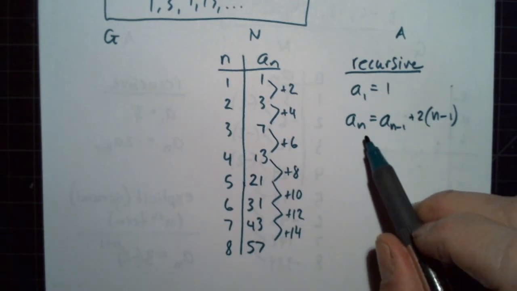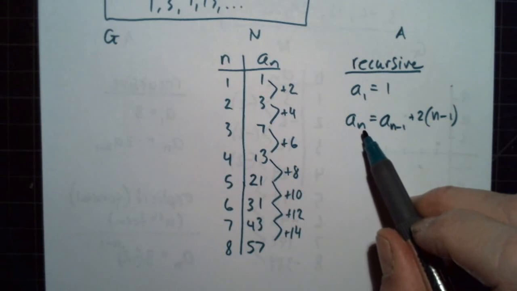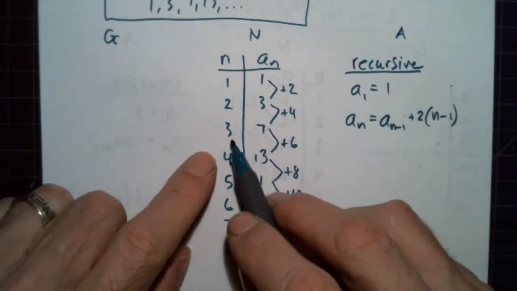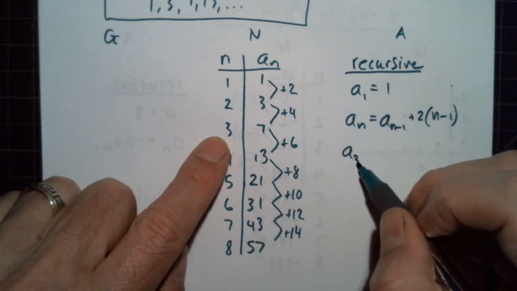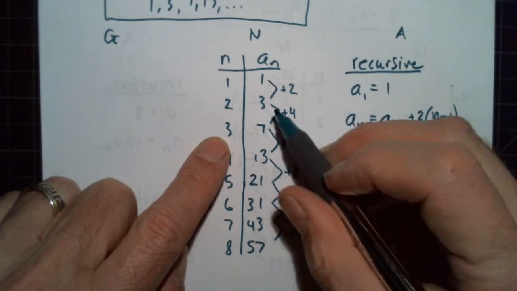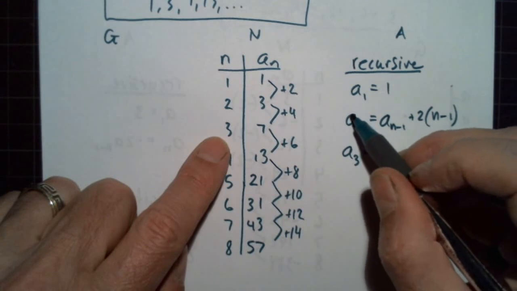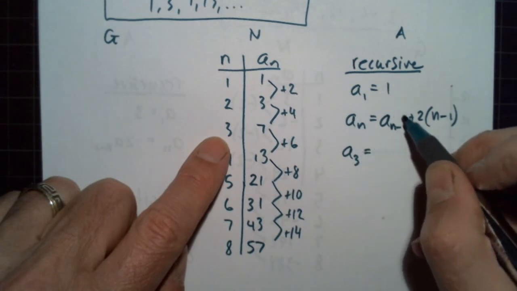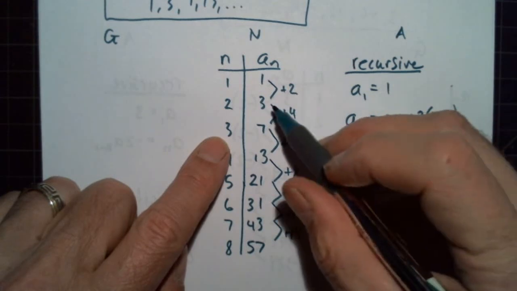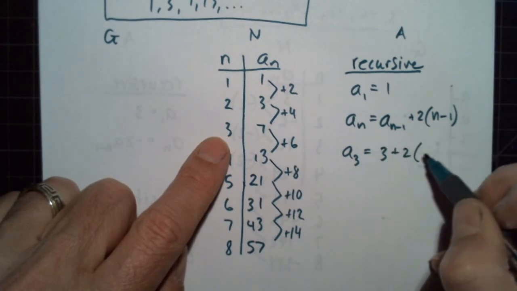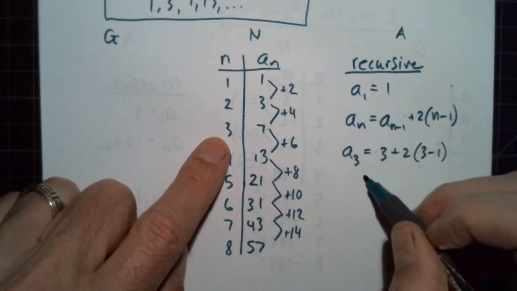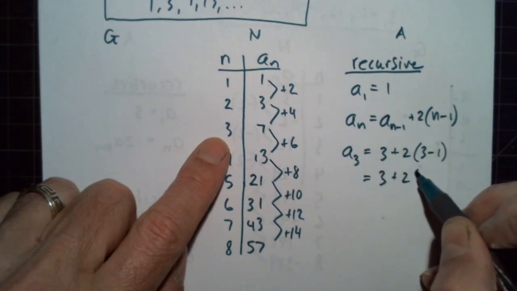But let's check this with, let's say to get to the third term, let's write that out, A3 is going to be the previous. So if this is A3, then this is A2. A3 equals A2 plus 2 times n, n is 3, and that'll be 3 plus 2 times 2.